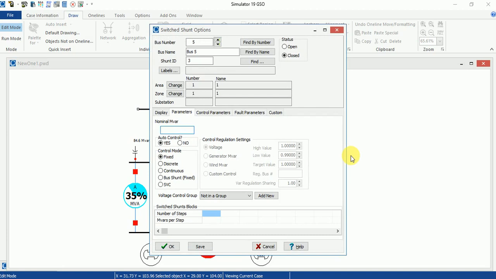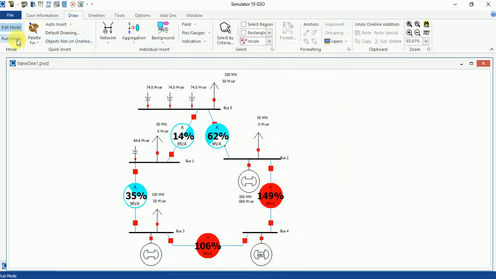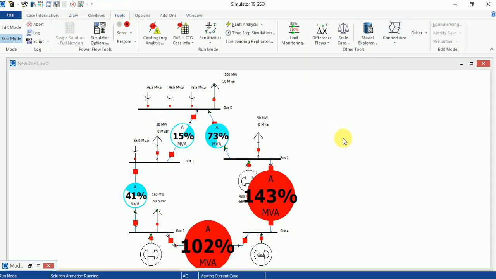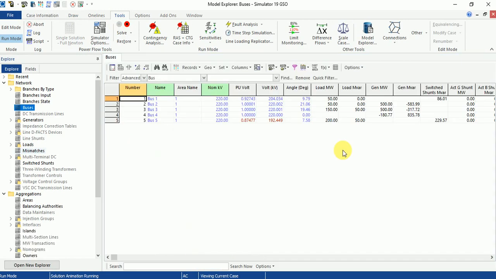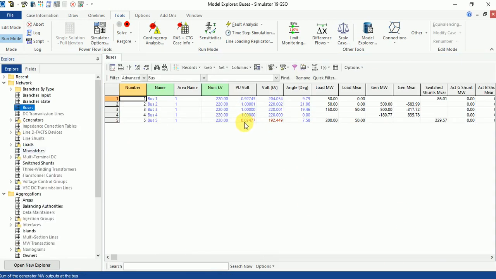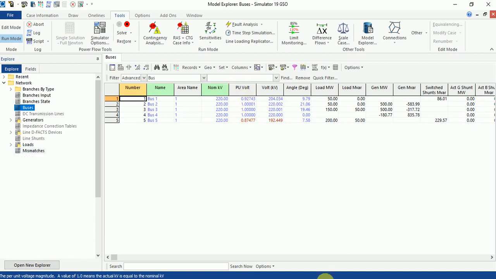So I am installing another 100 megawatt capacitor at this bus bar. Now again run the system. Now the value has been improved from 0.84 to 0.87. We can repeat this process until we get the allowable limit of the bus bar voltage.